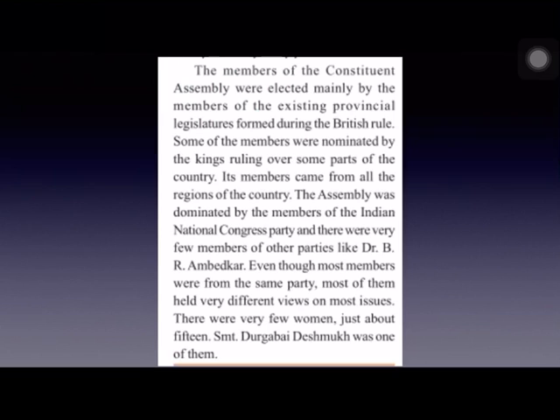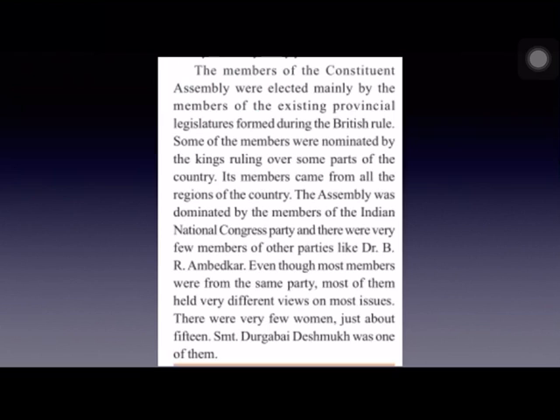Though the members were not directly elected, there were representatives from all the sections of society. There were representatives from Sikhs, Muslims, Hindus. Scheduled castes, scheduled tribes, there were representatives from these lower castes also. And the assembly was dominated by the members of the Indian National Congress because that was the only major political party at that time.